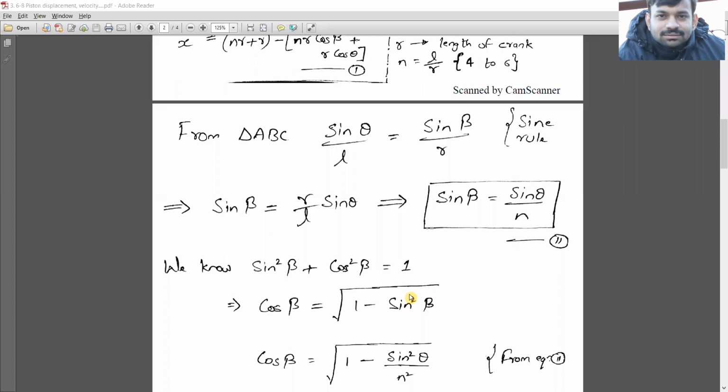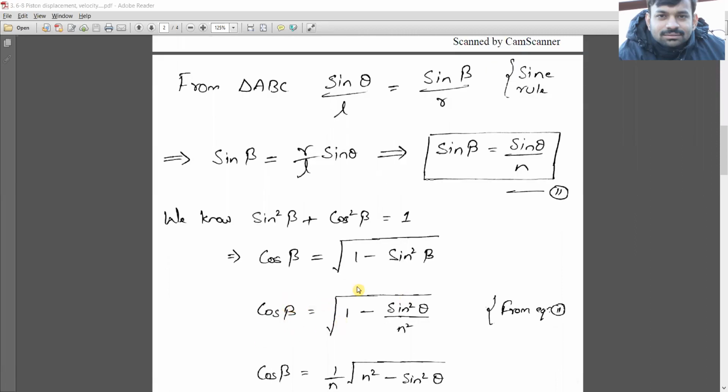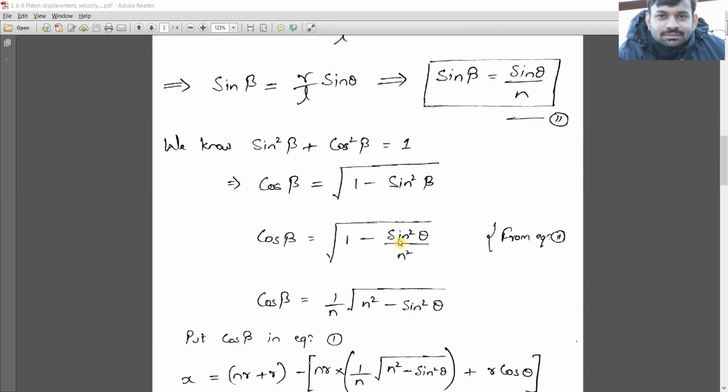Cos beta will be under root 1 minus sine square beta, or cos beta will be under root 1 minus sine square theta upon n square. We replace sine beta as sine theta by n over here. Since it was sine square beta, it became sine square theta upon n square. Now we take n outside, so cos beta is equal to 1 upon n under root of n square minus sine square theta.